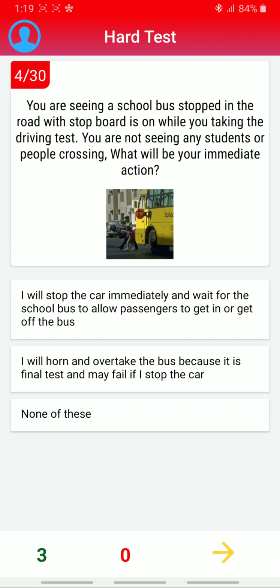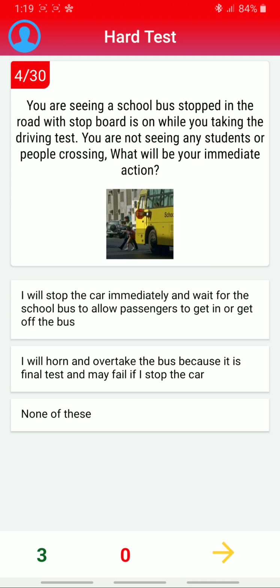Question number 4. You are seeing a school bus stopped on the road with the stop board on while you are taking the driving test. You are not seeing any student or people crossing. What will be your immediate action? I will stop the car immediately and wait for the school bus to allow passengers to get in.